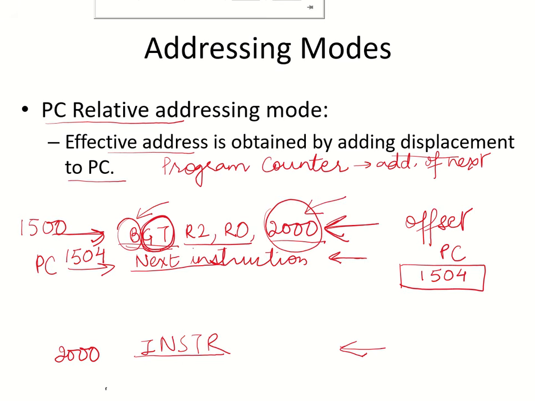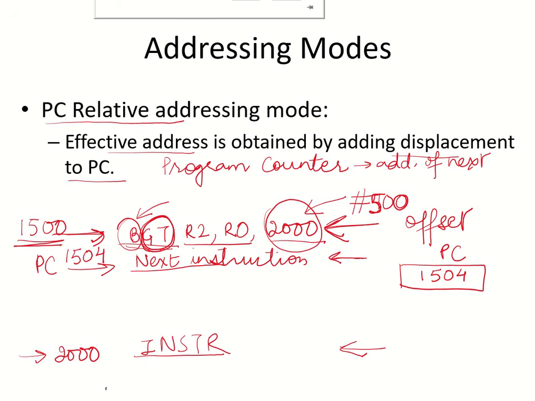So instead of specifying the memory address over here, I can specify some offset, which is relative to this address. So I could have written this offset 500. That means if I add 500 to 1500, I can go to 2000. So whatever is the value, I will augment that.